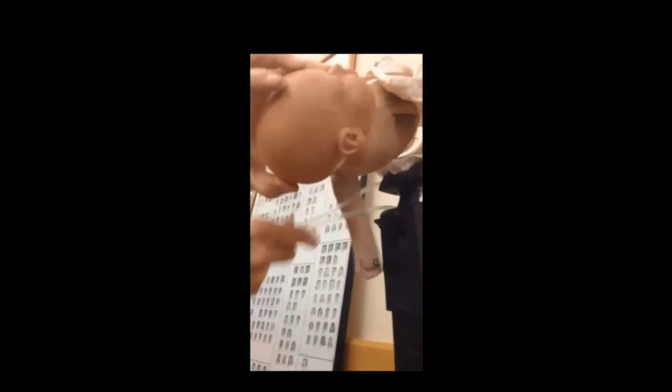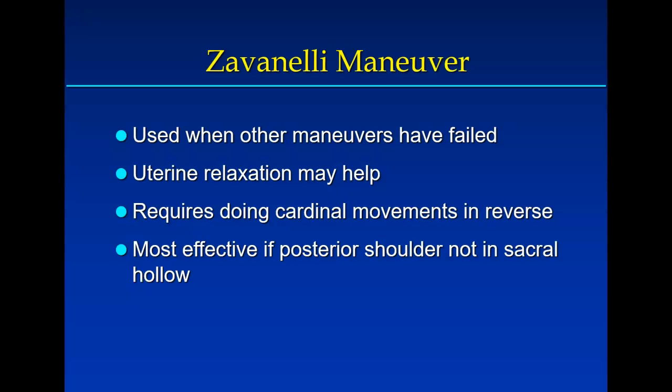In addition, in some of the write-ups, they also point out that you can rotate the fetus at this point, sort of a combination PASS procedure with a Woods corkscrew maneuver.